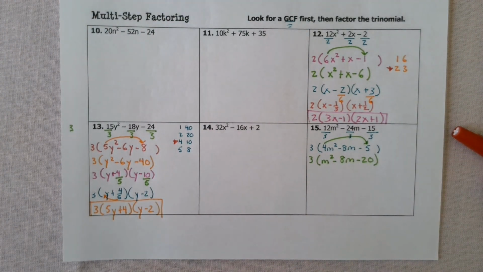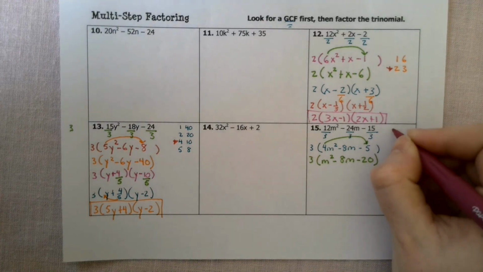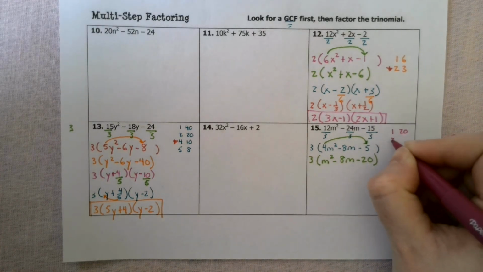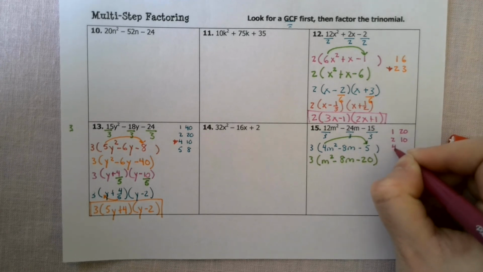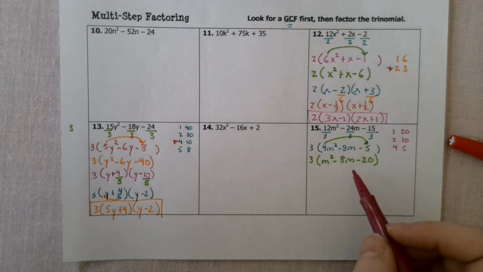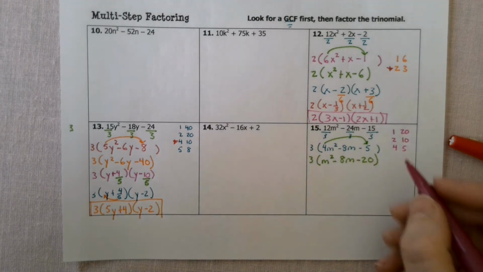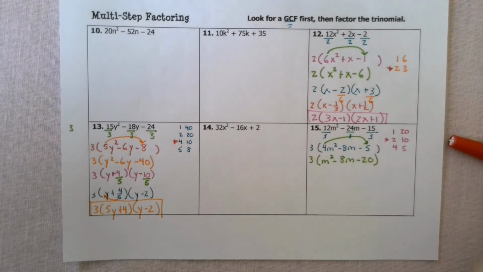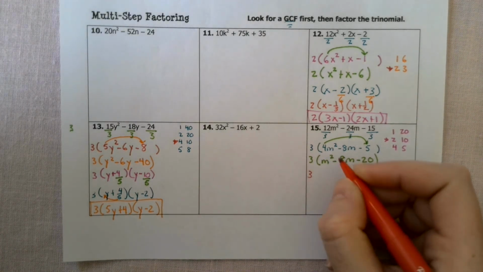Find your factors of 20. And that's going to be 1 and 20, 2 and 10, 4 and 5. Find which ones are going to add or subtract to give you 8. And that's going to be the 2 and 10. Bring down your 3.